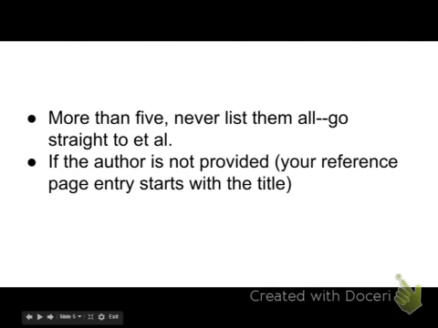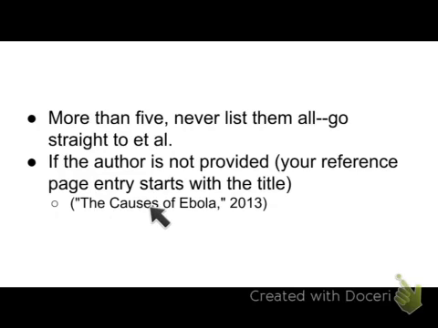If you have a source on your reference page that does not have an author, meaning that entry starts with the title of the work, whether it's a web page or some other special print source, in that case you take that title and put it in quotation marks and treat that like the author.